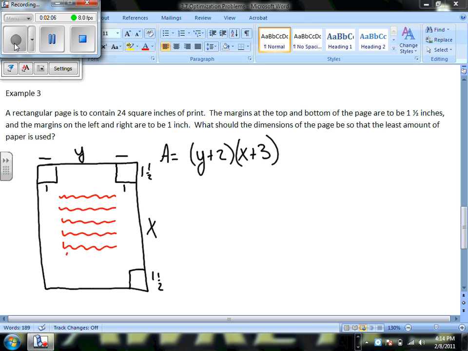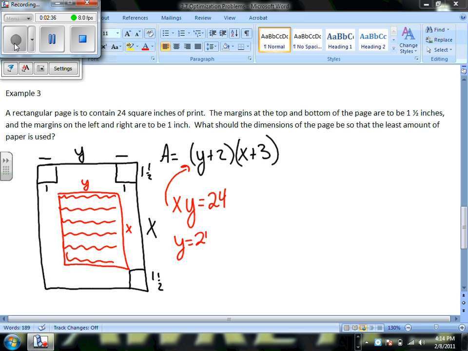So it has to have 24 square inches of print, which is great how we set this up. This distance here is y, this distance here is x. So our secondary equation is x times y equals 24. That's good because we can solve for either x or y and get to one variable and minimize. I like dealing with x's, so let's solve for y. So y equals 24 over x.